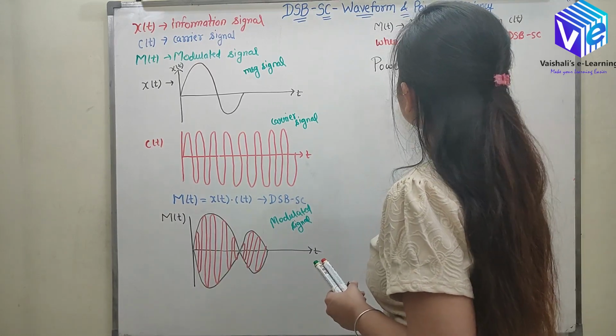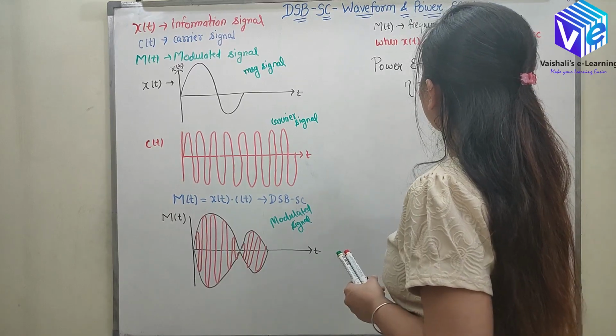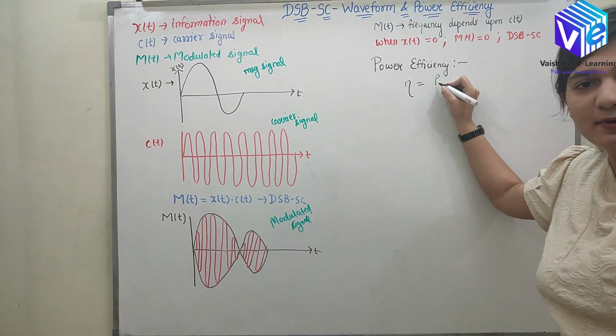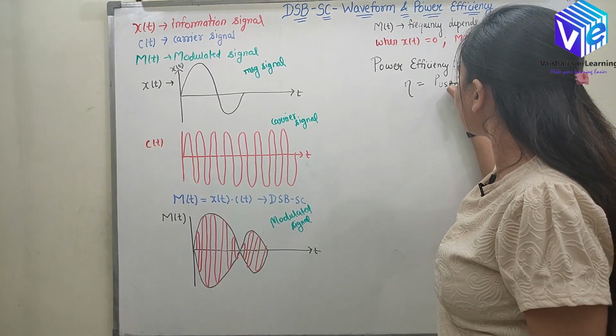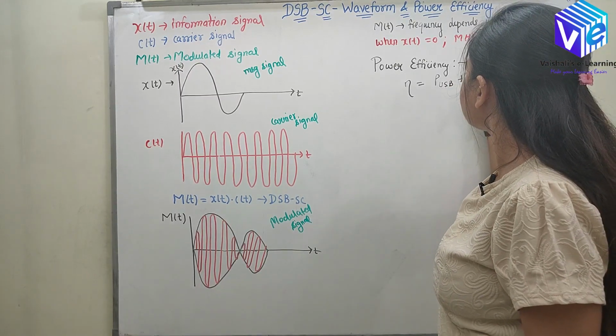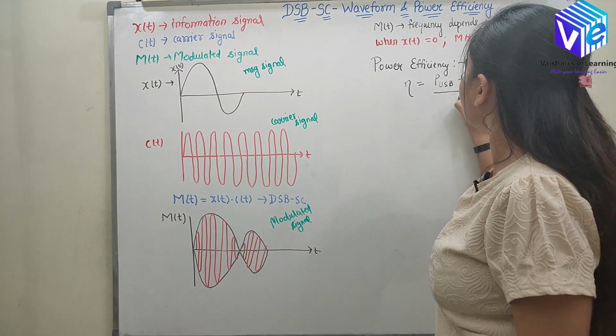So the power efficiency was given by the power of the sidebands, because the sidebands contain the information. So the power of the upper sideband plus the power of the lower sideband upon the total power.